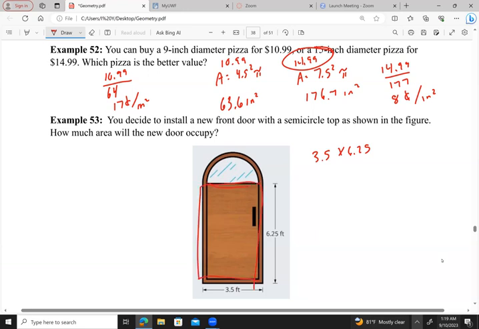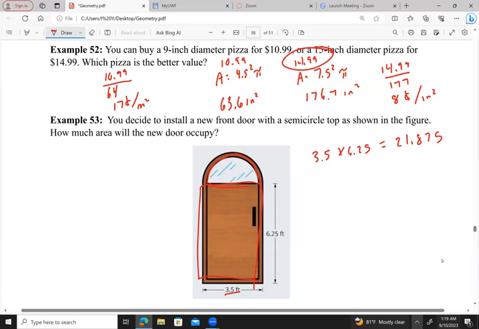Then I have half a circle that has a diameter of 3.5. So the rectangular portion, simply multiply 3.5 times 6.25, and we get 21.875.